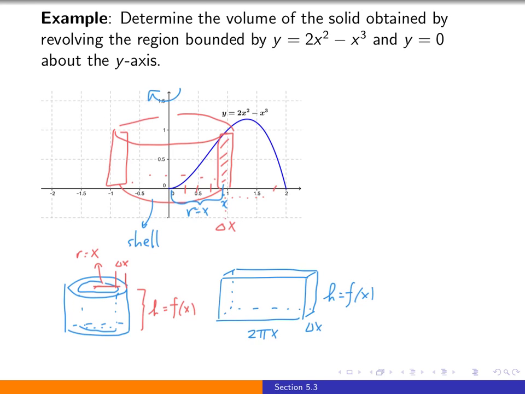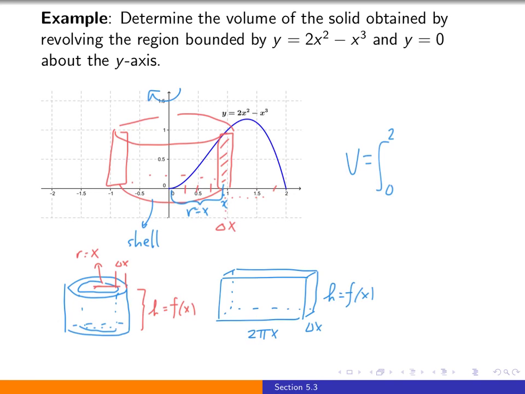So the volume here is going to be the definite integral over how the x values are varying, so 0 to 2. And we've taken this area from 0 to 2 and broken it up in terms of these rectangles. And if we can think about what the volume would be corresponding to each one, that's what we're going to end up integrating.